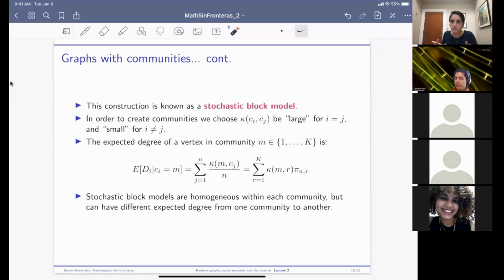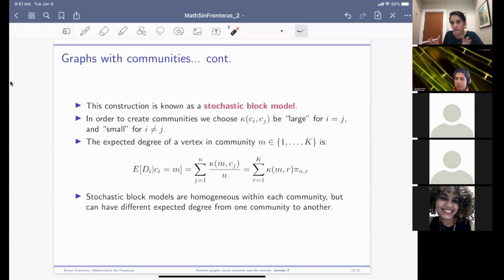As you can see, we can play with it so that we obtain communities of different sizes. We can make one community big, one a little bit bigger, one very small, things like that. We can also change how connected the members are within each community by manipulating the kernel and the size of the community.